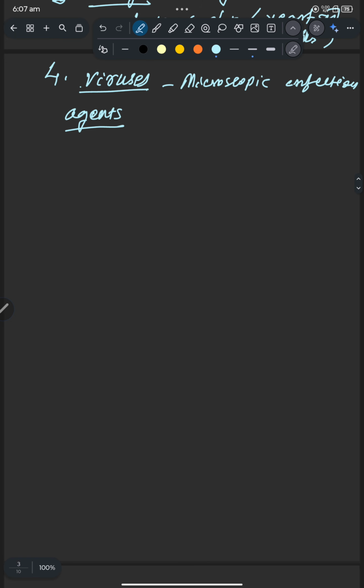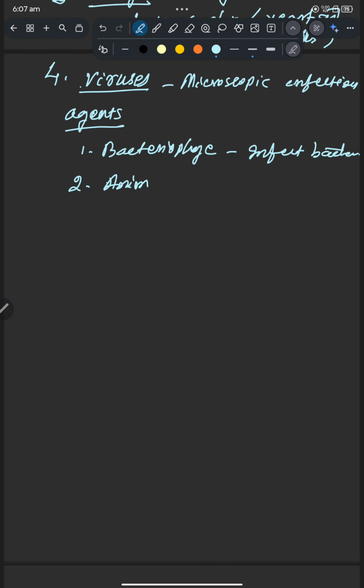There are different types of viruses. For example, if they infect bacteria, they are known as bacteriophage. Similarly, there are animal viruses and plant viruses, meaning they infect animals and plants.